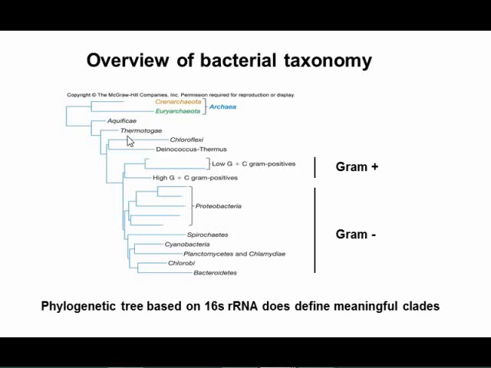Thermotoga is also an interesting case because it's got a lot of genes that seem to have come from archaea. So it's a kind of mix of archaeal and eubacterial genes. And once you have this kind of thing going on, then it means that the taxonomic status of these bacterial species is very, very difficult to ascertain with certainty, because Thermotoga is up here near the root, but that might just be an artifact because it's got a lot of genes that have crossed over from archaea.